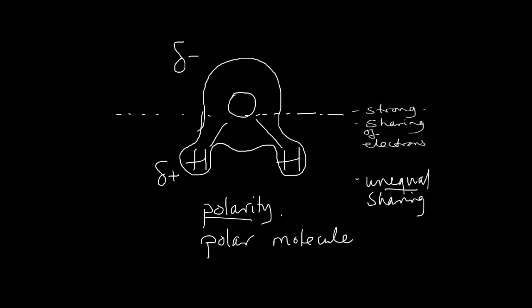Just like a magnet would have its north and south ends, the same way polar molecules have some part of them which are negative and some part of them which are positive. And this essentially is the structural aspect that's going to explain all of water's properties. Okay?